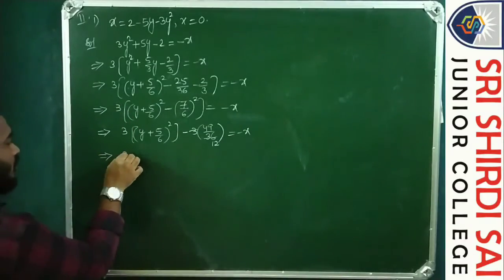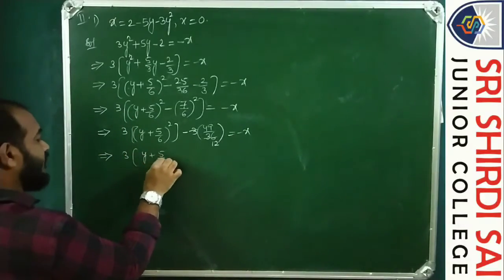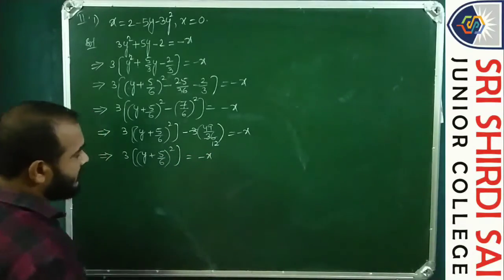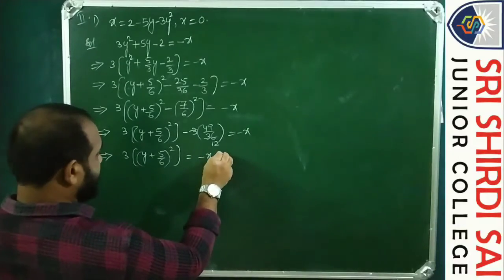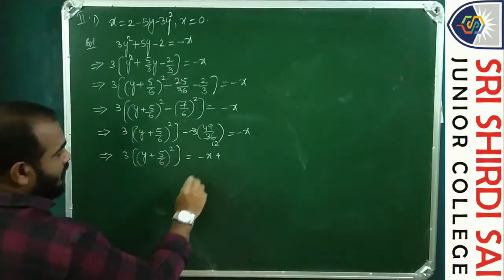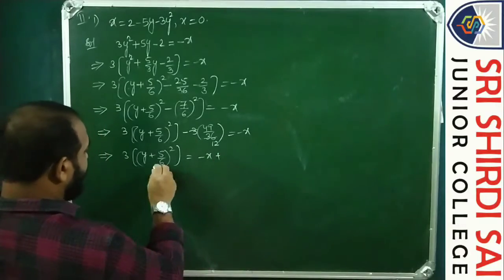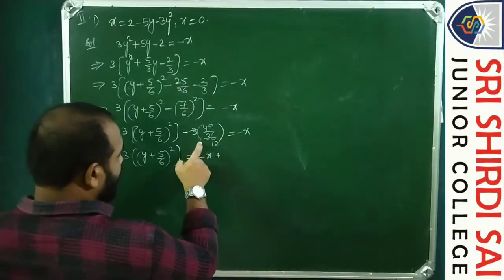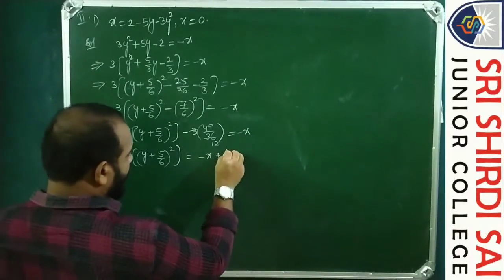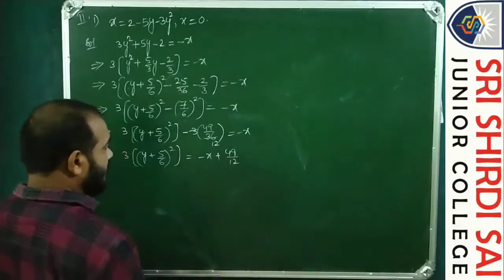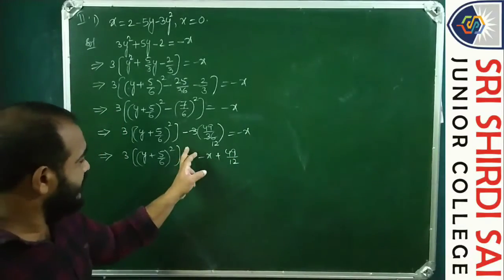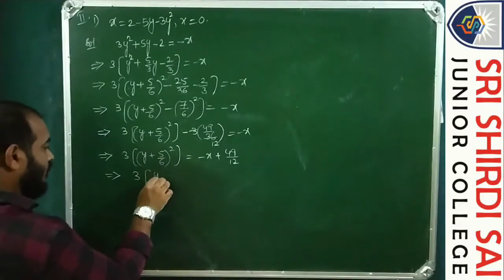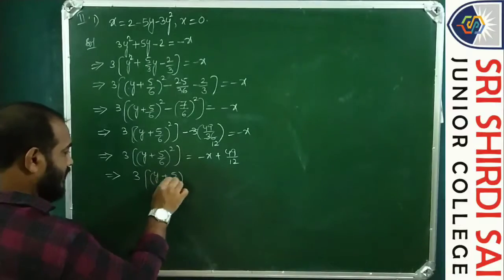So this is 3 into y plus 5 by 6 whole square is equals to minus x plus 49 by 12. So this is equals to 3 into y plus 5 by 6 whole square.